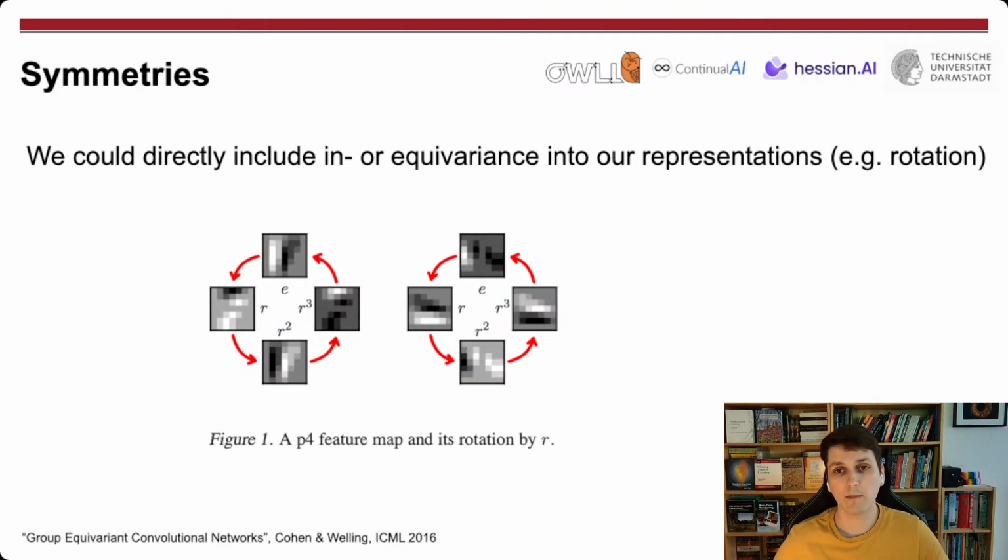And to give you a few examples of how symmetries and invariance can be useful independently of whether we're using deep learning or not, and especially for transfer, I'm just going to show this slide here on rotation, for example.